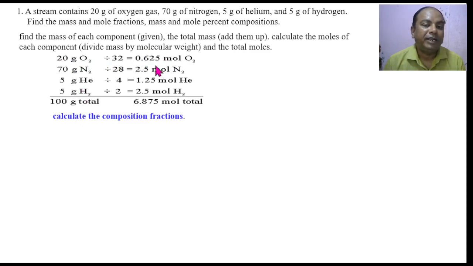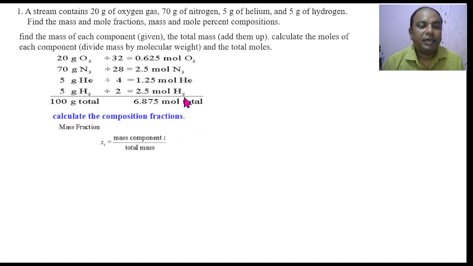Similarly, we can calculate the moles of nitrogen, helium, and hydrogen by using the same equation: the amount of substance divided by its molecular weight. So 20 gram divided by 32 gives the mole of oxygen.